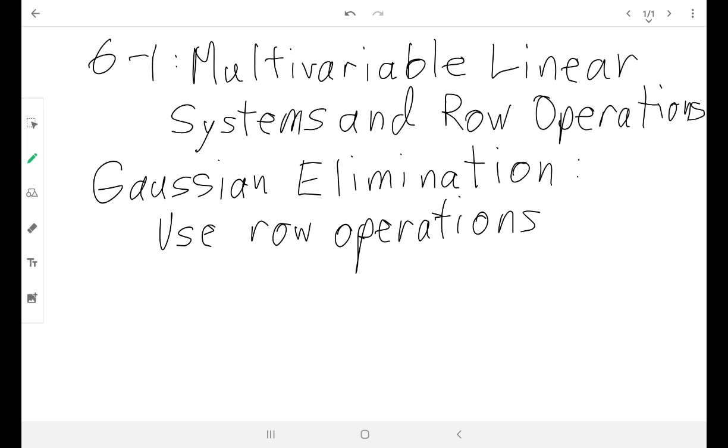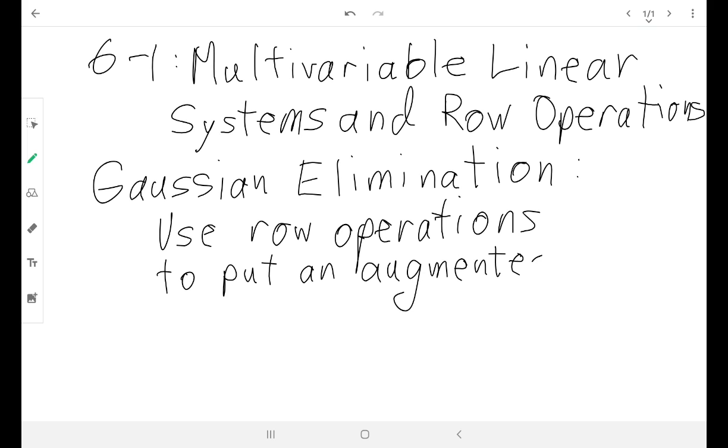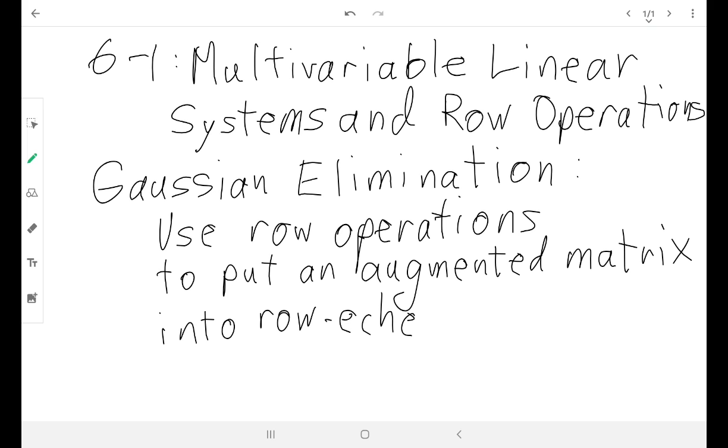We're going to use row operations to put an augmented matrix into row echelon form.